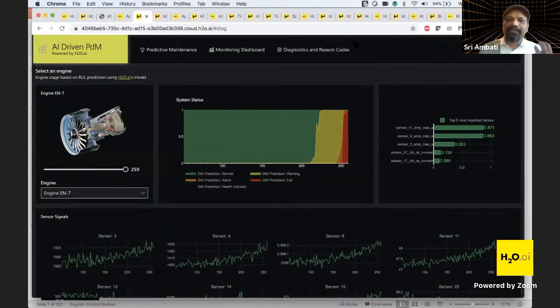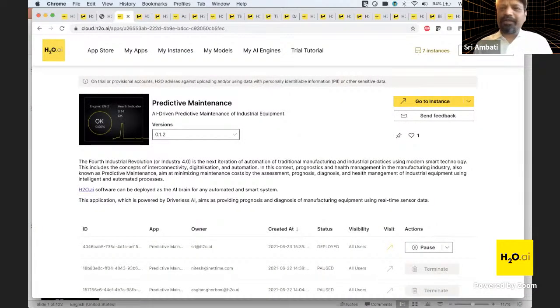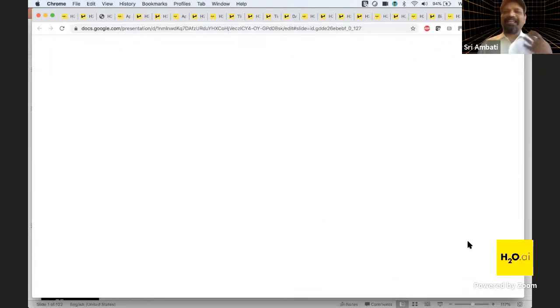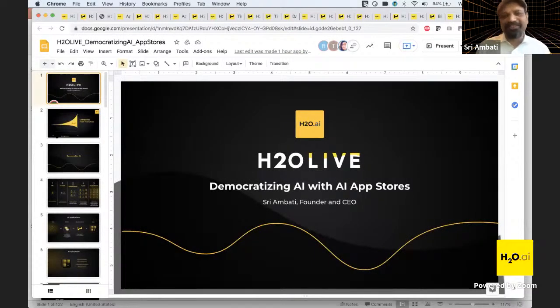The idea is we want to simplify and explain AI in ways our users can consume. So to summarize, AI apps bring life to AI in ways that one can truly understand and experience.